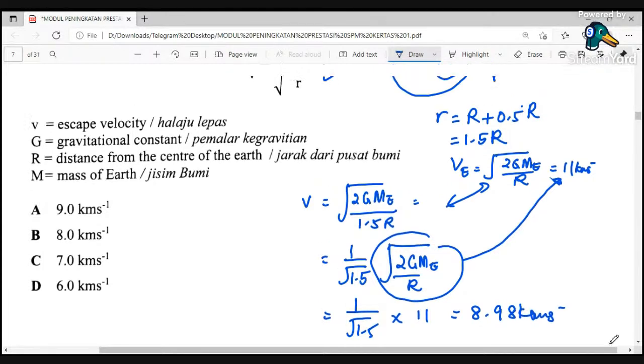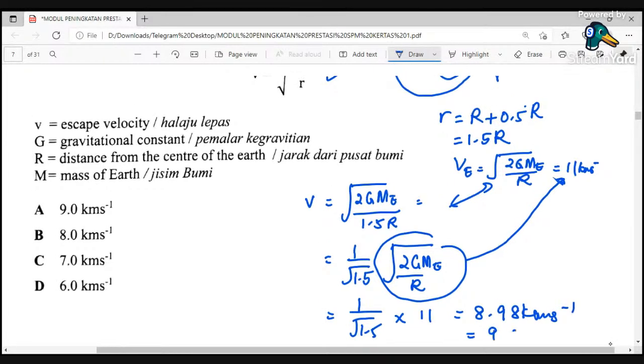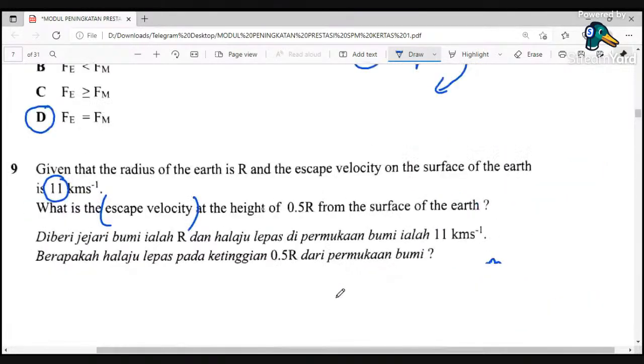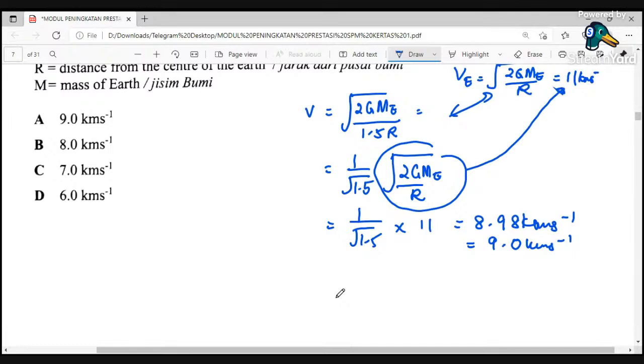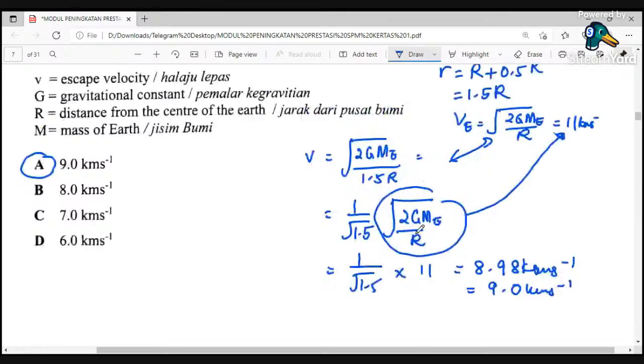Rounding off, 9.0 kilometer per second. So for this one, this is number 9. You have to be creative with the formulas. If you cannot create like this, you will not be able to solve this question.